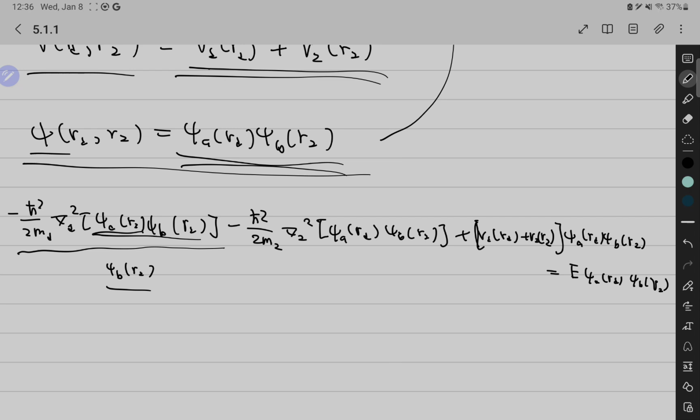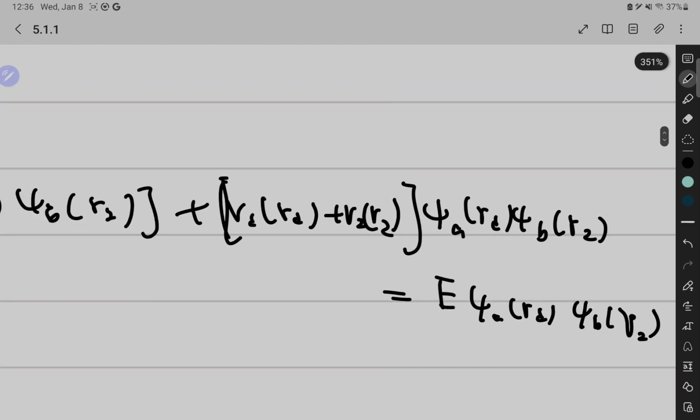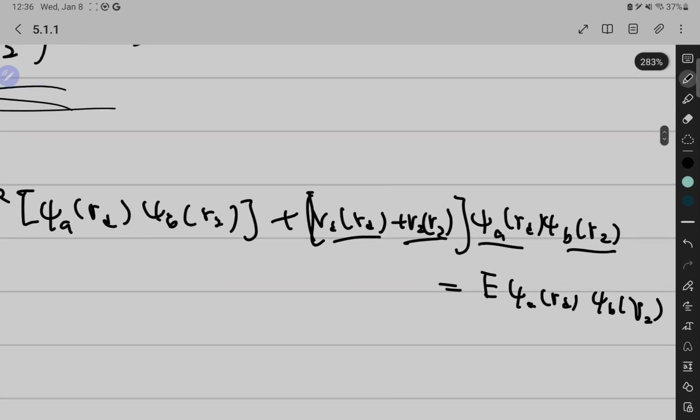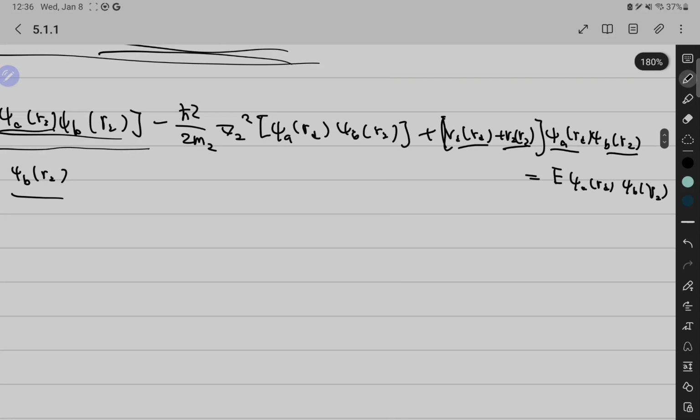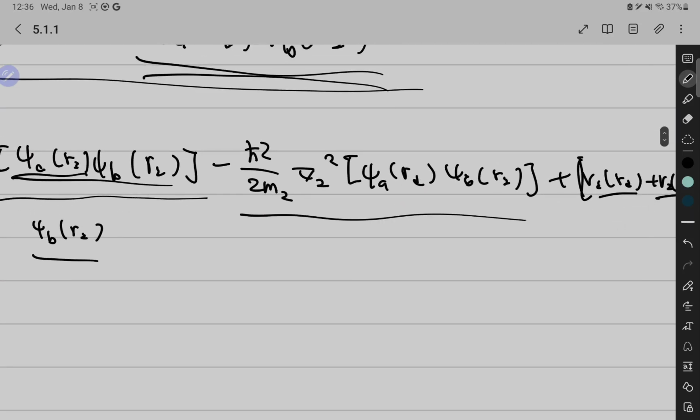And what you can do with the potential part is that you can group the V1(R1) with phi A(R1) and V2(R2) with phi B(R2). So by using this assumption of taking phi B out of it, it was the same thing going on here, right?